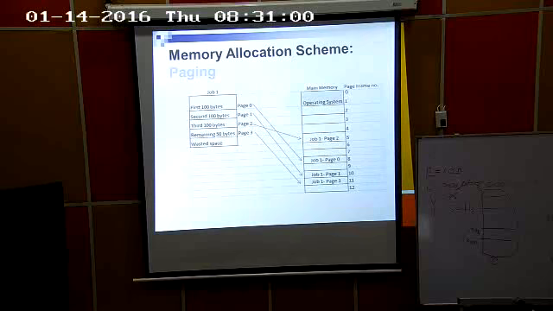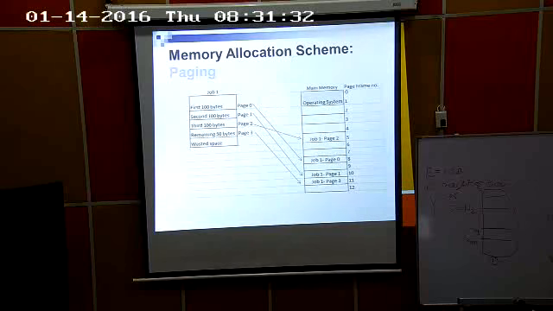Non-contiguous technique. It doesn't care which page frame you want to slot into. For example, page 0 will slot into page frame number 8. Why not 1? Why not 2? It is non-contiguous, it depends on your memory.